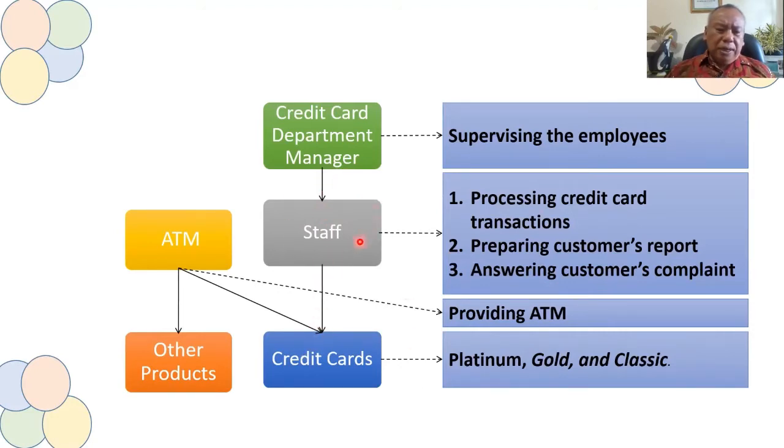So the manager will answer, yes, I have an ATM. And then we can ask what activity is performed by the ATM. So the manager will answer, ATM related to credit card lets the customer pay the credit card and also withdraw money related to credit card.